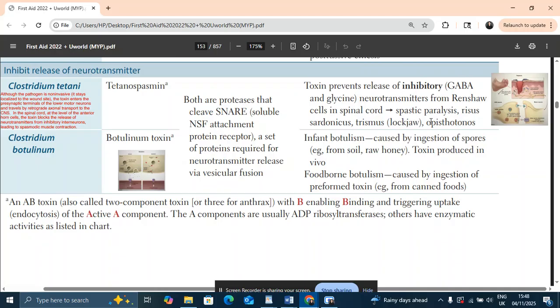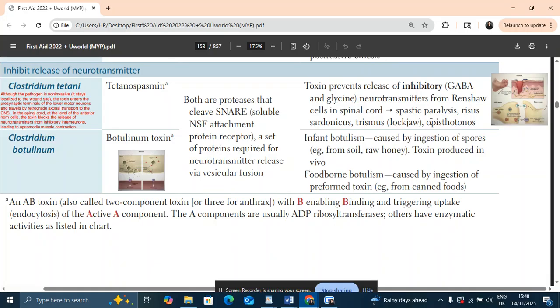Important clinical findings we see in patients with tetanus include: number one, spastic paralysis. Spastic paralysis means muscle stays tightly contracted. There will be muscle spasms. The second finding is trismus, also called lockjaw.